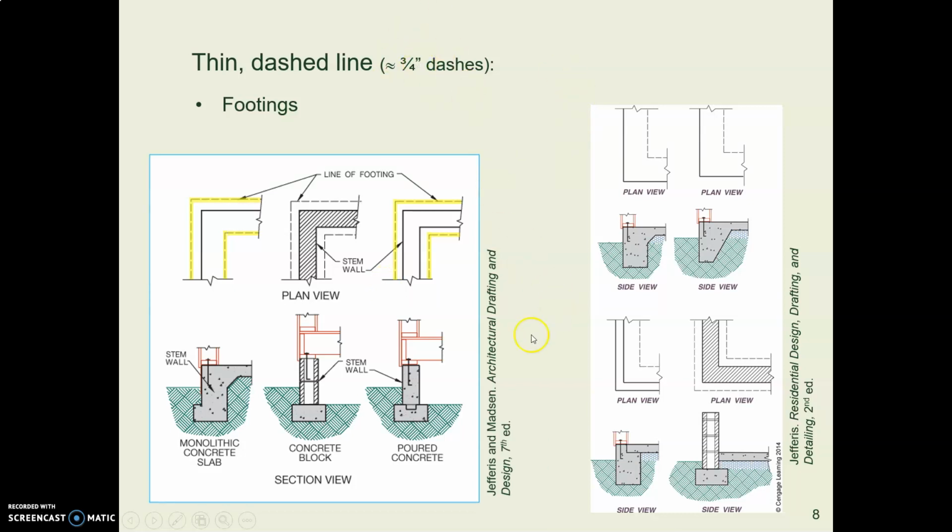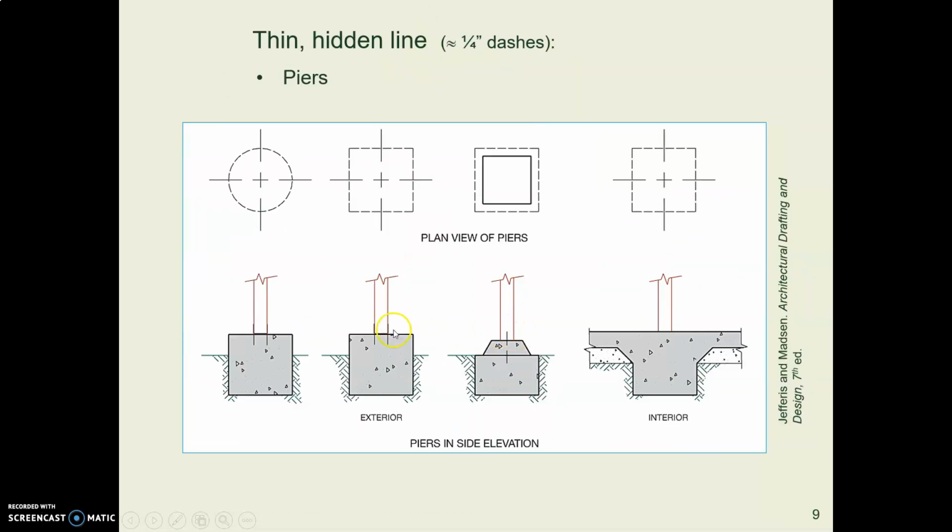Notice they're about 3/4 of an inch. Then the piers, these concrete pad things, are drawn with hidden lines, so they look like footings, but they're shorter dashes. They're hidden line dashes.